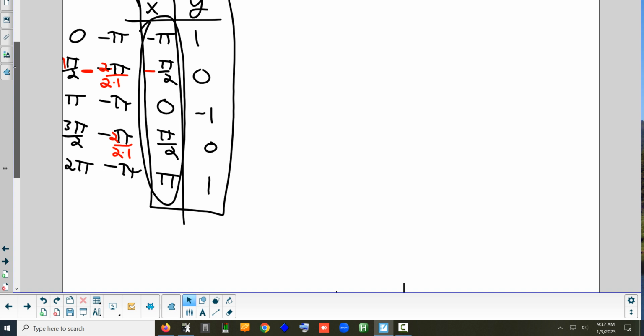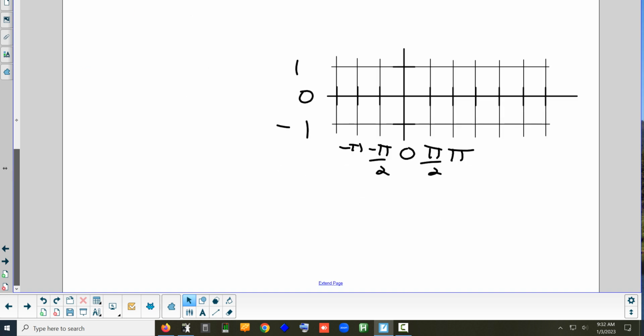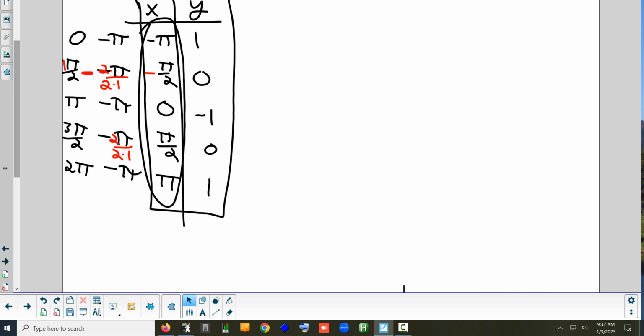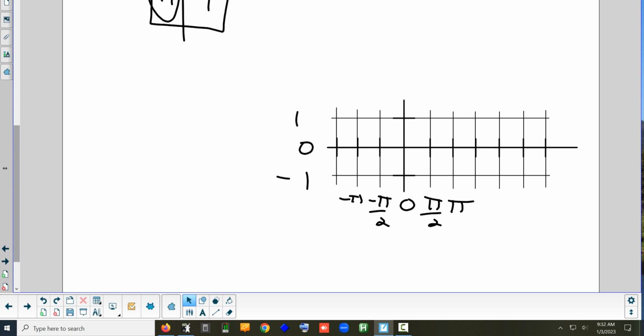And what I do to plot my points, because I don't want to have to keep scrolling up and down, you probably don't have that problem on your paper, but I just remember the y's. 1, 0, negative 1, 0, 1. Now, when you look at that, you might think it looks kind of like a V shape.